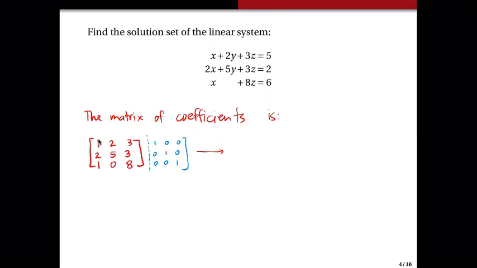We now go to step 4. Step 4 is, since this is a leading one, we want all the entries below this leading one to be 0. So we now apply elementary row operations so that we make this 0 and this 0. Okay? So first, we can replace row 2 by row 2 minus 2 row 1.